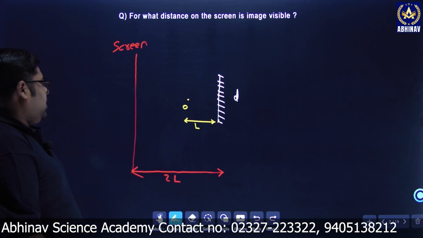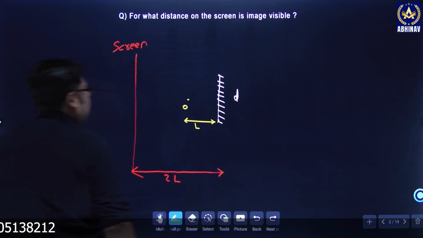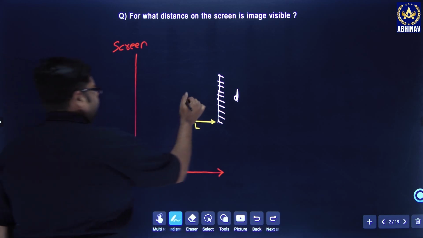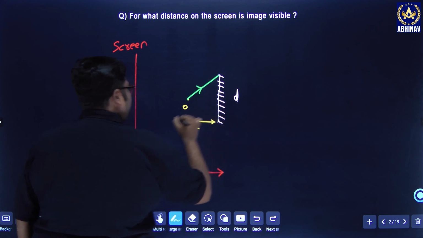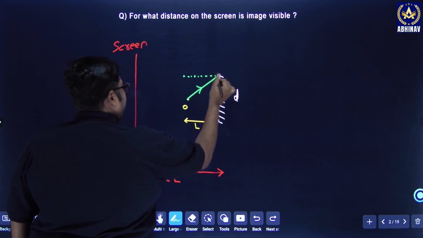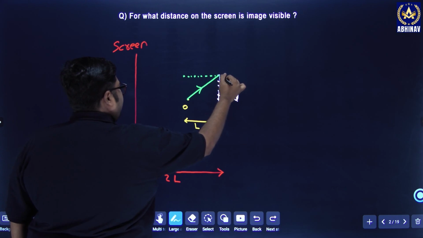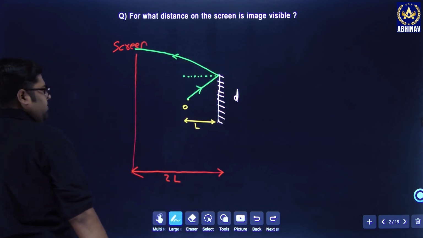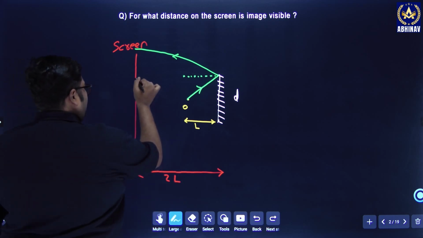So how are we going to do it? Let us draw its field of view. A ray of light is incident from the object, here let us consider the normal. According to the laws of reflection, angle of incidence is equal to angle of reflection, right? Now we extend this normal.